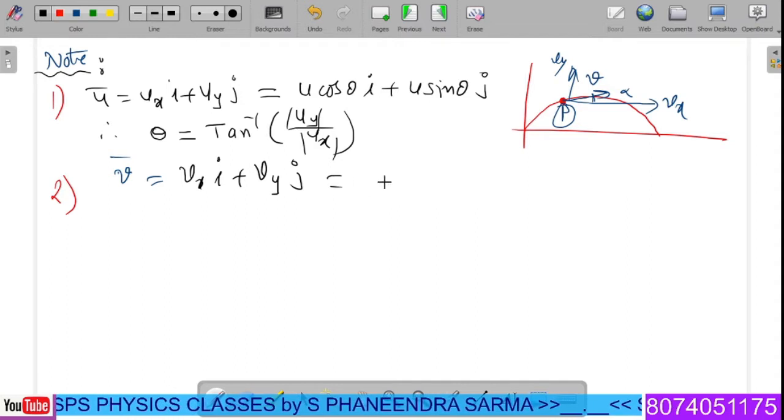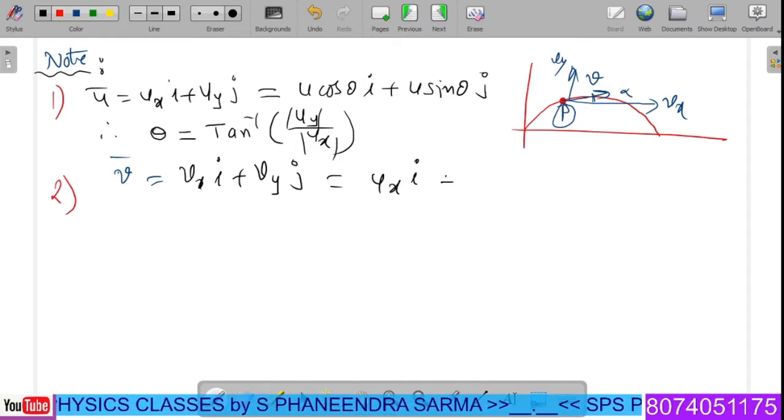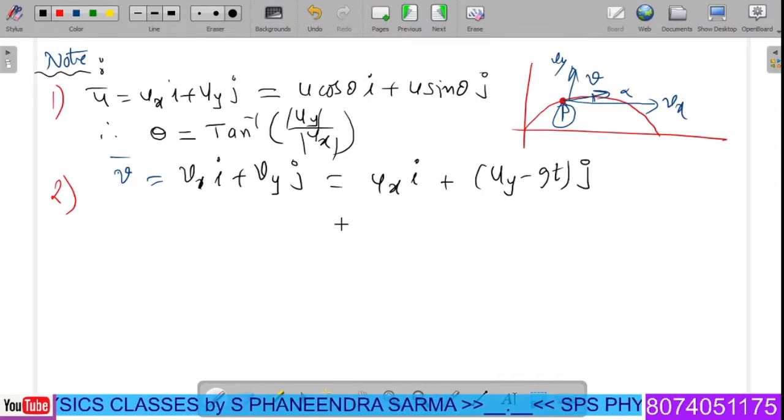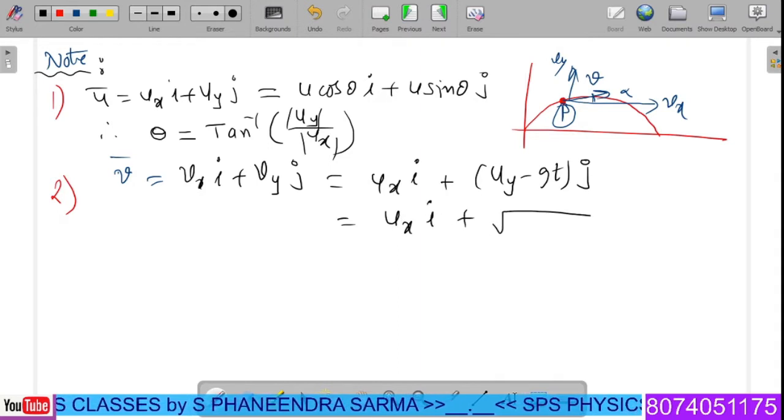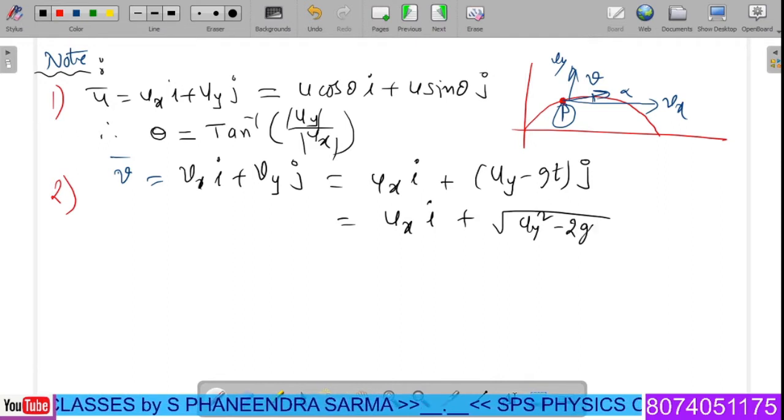Further, since the horizontal component remains the same, it won't change. Therefore, you can write Uxi plus (Uy minus gt)j. Or in another form, Uxi plus root of (Uy square minus 2gy) j cap.